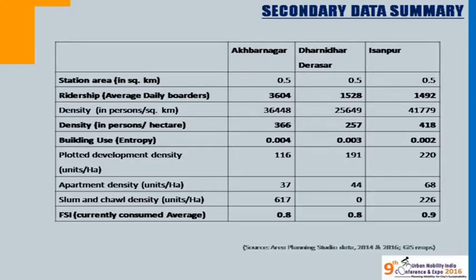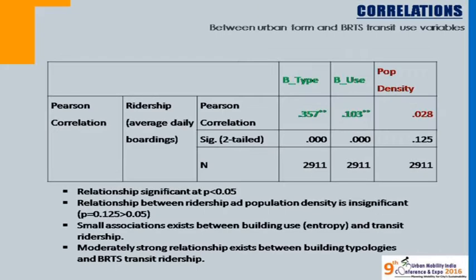These were the stations that were taken up: Akbar Nagar, Dharnidhar Derasar, and Isanpur in Ahmedabad, which have high ridership. So this was the kind of analysis that was then done based on the density, the building use, the entropy value, and the FSI currently used, and correlated with the higher ridership areas.